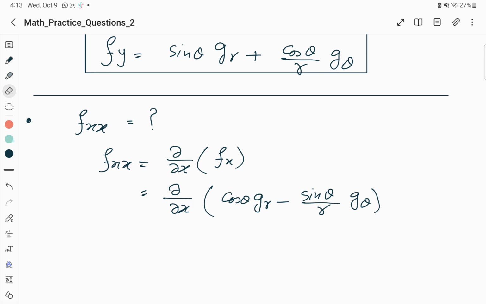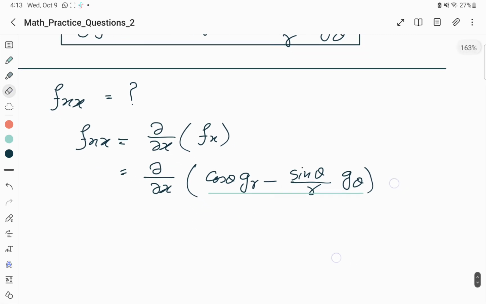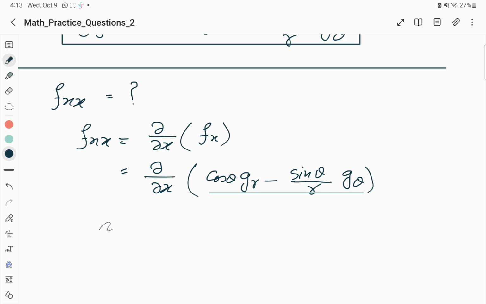Again, we can notice that this whole expression is not directly depending upon x, although it's indirectly depending. So we have to apply the chain rule again. So by the similar chain rule, I will be rewriting this expression. I will be taking the derivative of this whole expression with respect to r. This will be cos theta g_r negative sin theta over r g_theta, and here this is partial r over partial x.